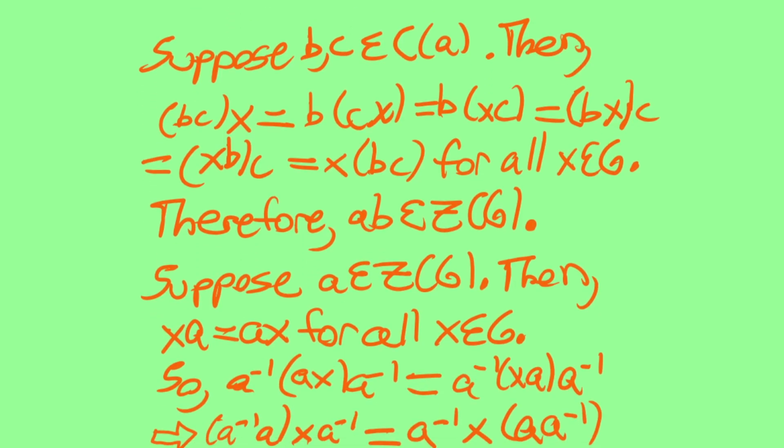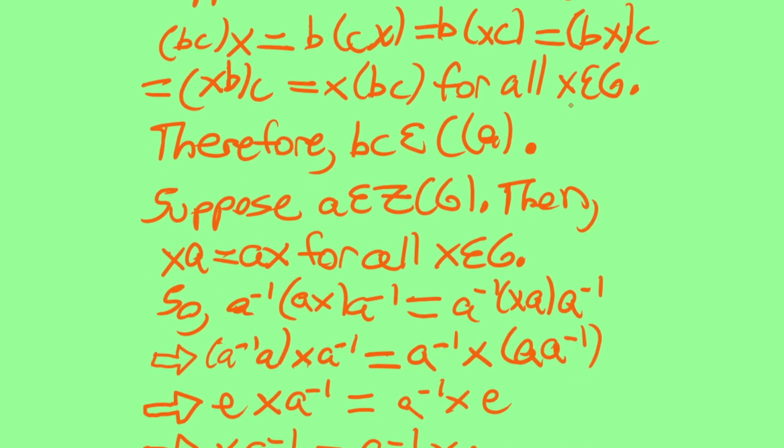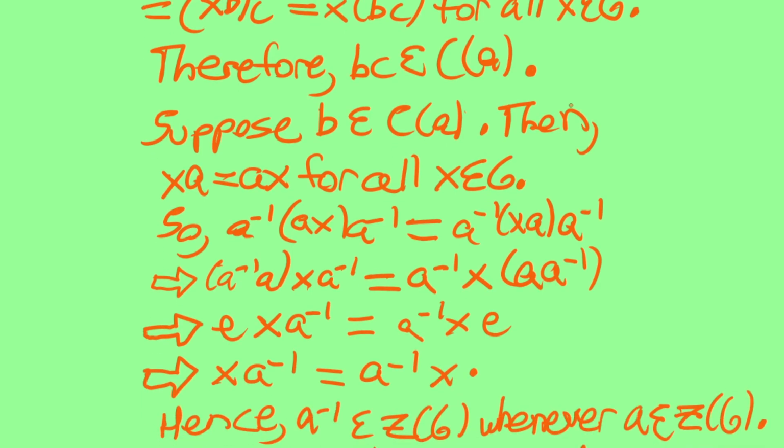That's good. And therefore, BC is an element of our centralizer. And then we'll suppose that B is an element of our centralizer.